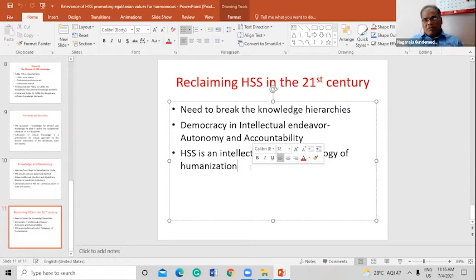But at the same time, friends, what is the nature and character of intellectual democracy? And why do we need to protect the intellectual democracy for a democratic India?